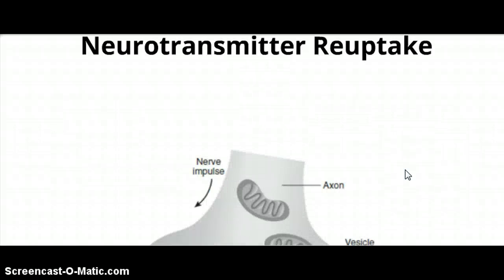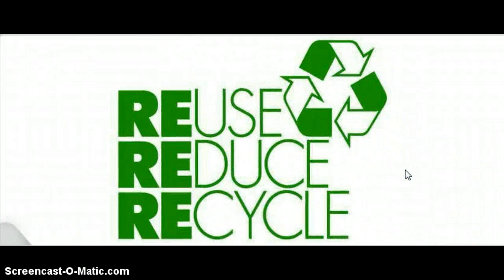So reuptake. Neurons are very green. They'll either reuse, reduce, or recycle those neurotransmitters. So an enzyme will come in and chomp it up and metabolize it, which would be reduce, to then repackage that material and remake the neurotransmitter, that's reuse.